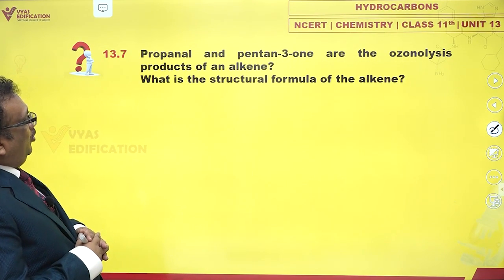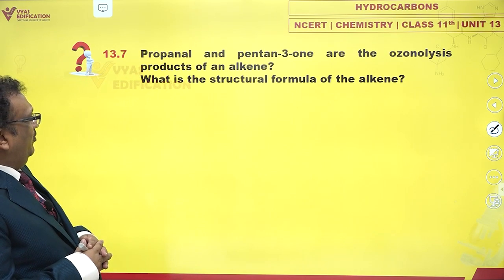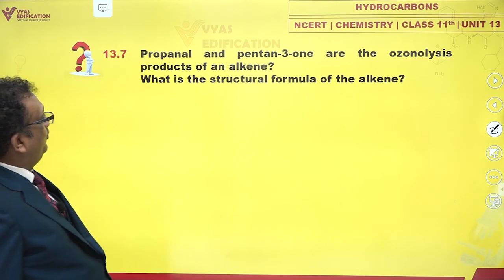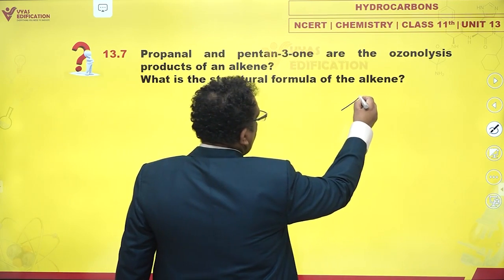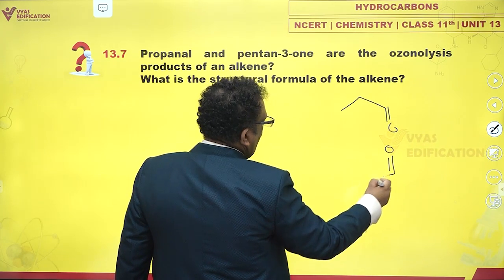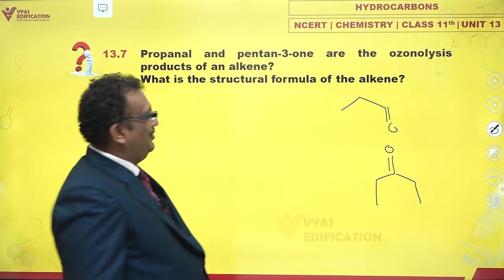Propanal and pentan-3-one are the ozonolysis products of an alkene. Okay, what is the structural formula of the alkene? Let's work that out. Propanal and pentan-3-one. This is what they are.